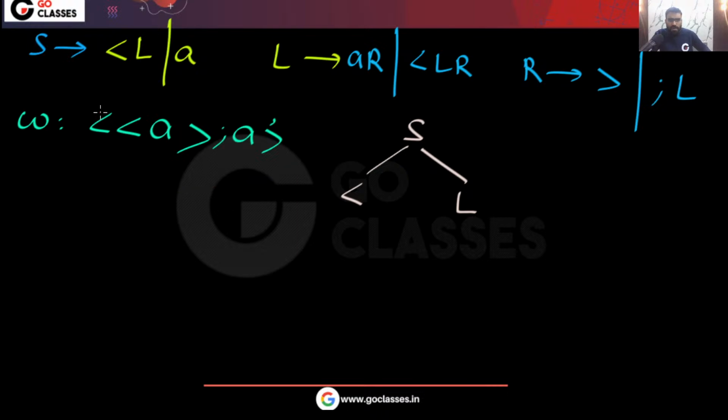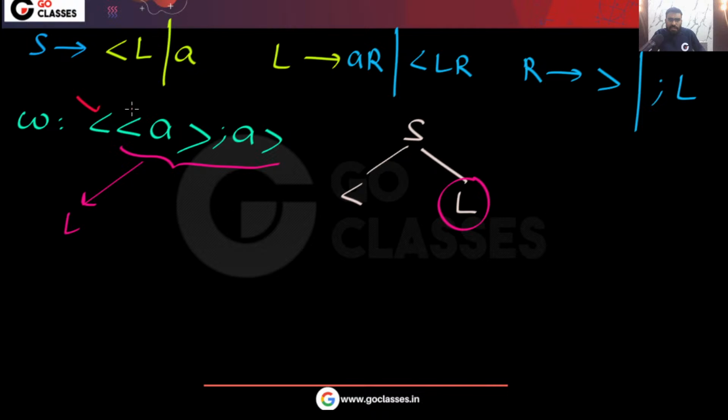Now remember, we have got this symbol already. Now what we need to do is create this string from L. Now tell me, what is the next thing to do? This L you can replace with AR, or you can replace with less than LR.